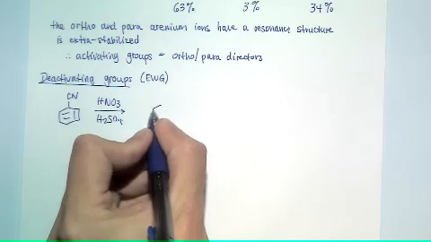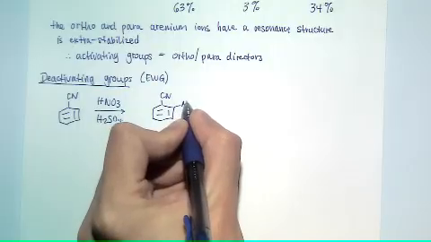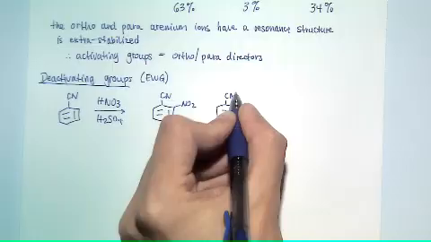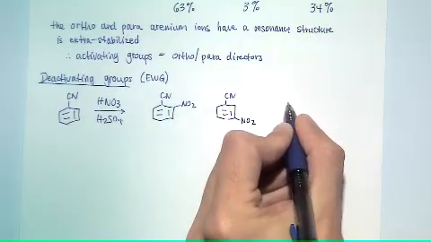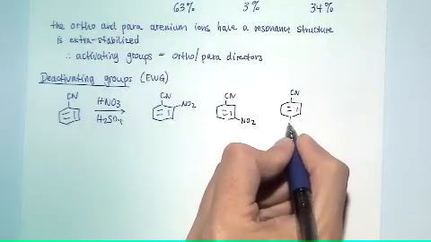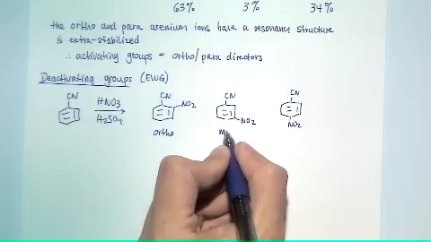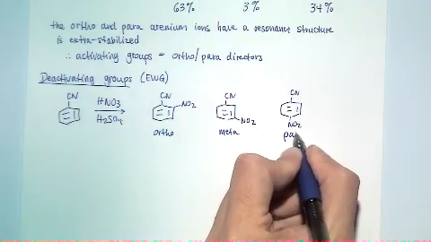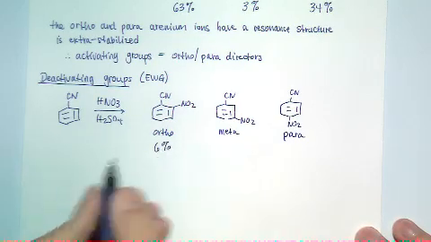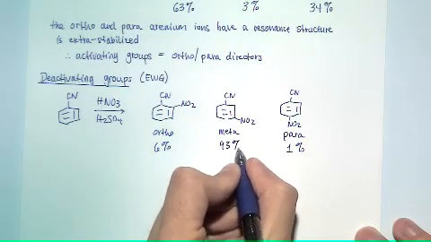So if we do this nitration, we get 6% ortho, 1% para, and 93% meta.